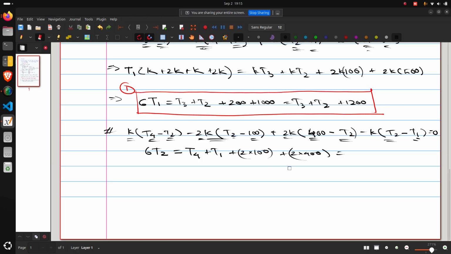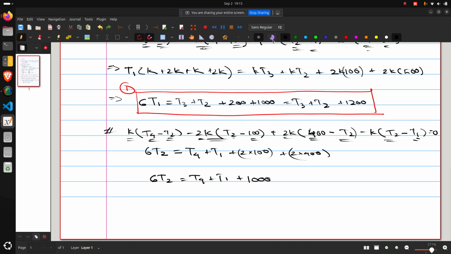Okay, so now for cell number 2, 6t2 is t4 plus t1 plus 200 plus 800, which is nothing but 1000.